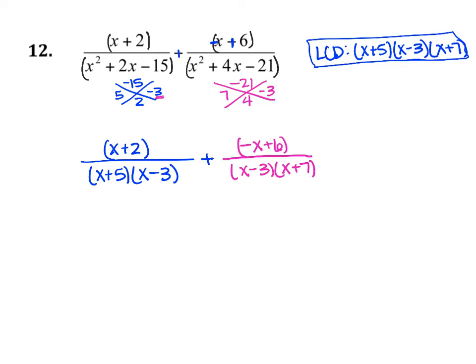So which group is missing in the blue fraction? Well, I'm missing the x plus 7. And in the pink fraction, I'm missing the x plus 5. So now I have my common denominator.